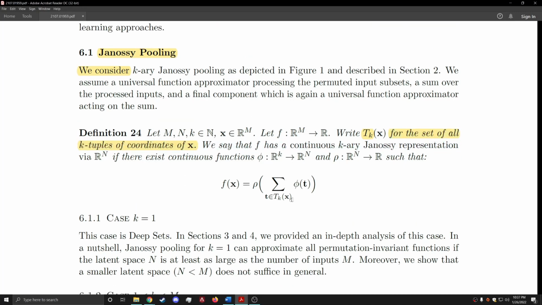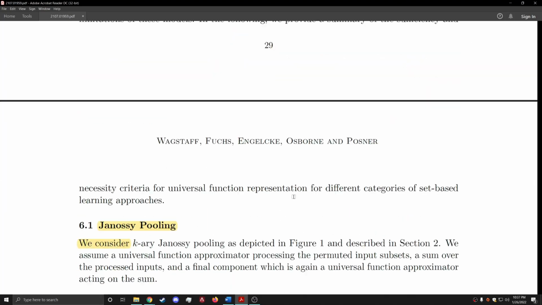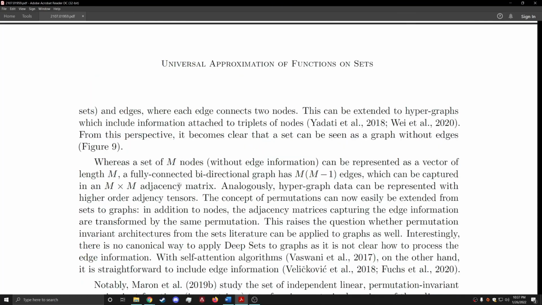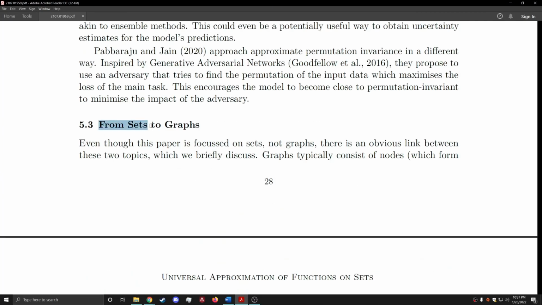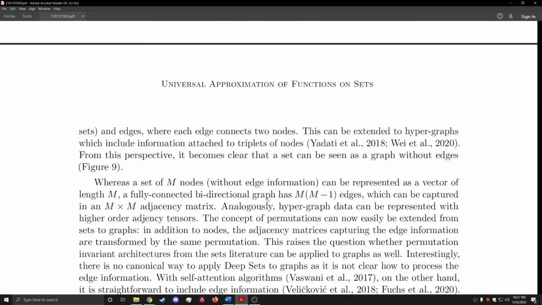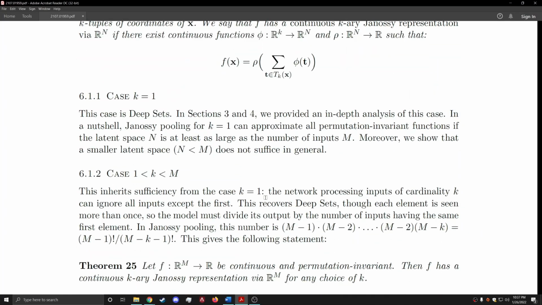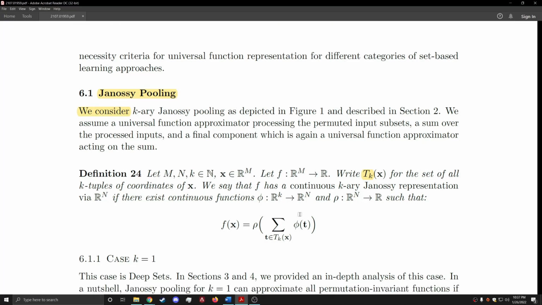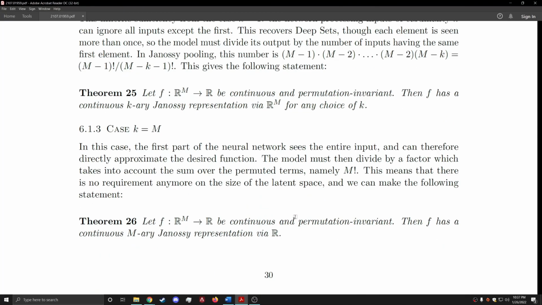This is saying, what if we increase from deep sets, which is k equals 1, to k equals 2? For sets to graphs, approximate permutation invariance is just asking, hey, what if we don't use the whole thing? Let's just chop it off and be approximate. For Janossy pooling, it's an open question of how much you actually need.